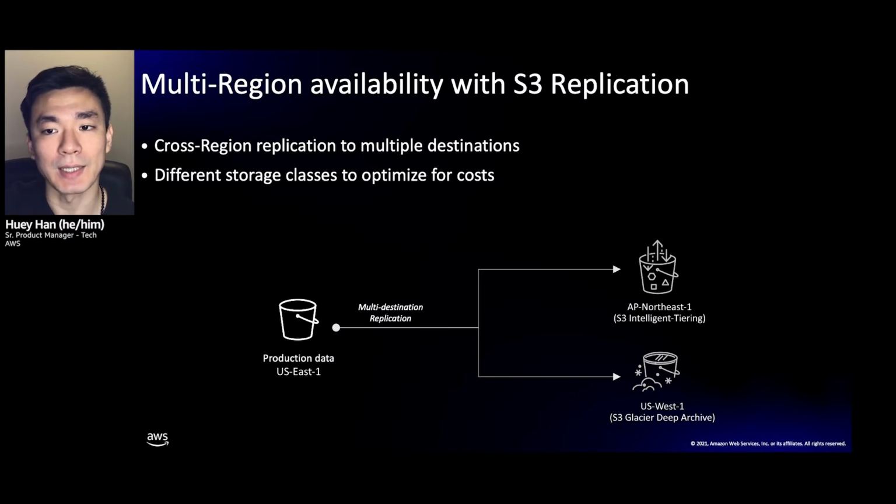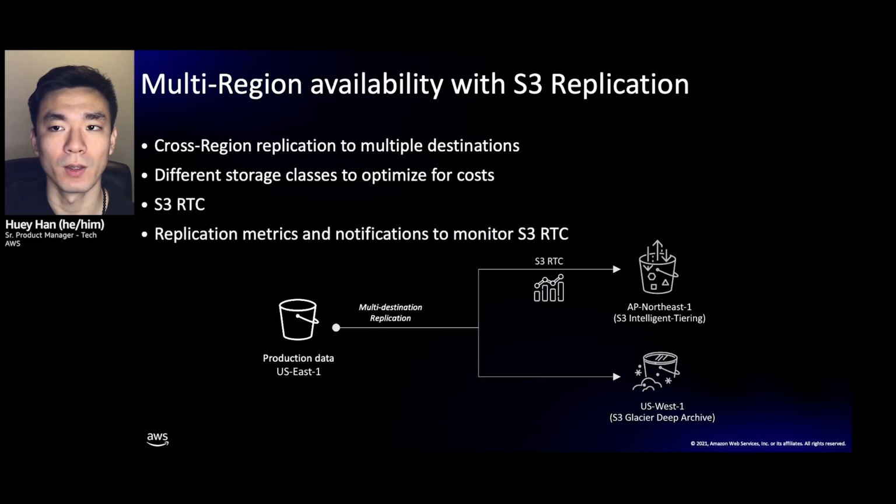And for the other destination bucket in US West 1, because it's for data protection purposes and the customer does not expect read workload on this bucket, the customer decided to use Glacier Deep Archive to reduce storage cost. Lastly, the customer wants to have predictable replication for their destination bucket that has the high read workload.